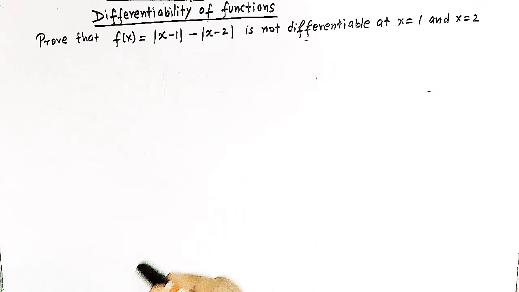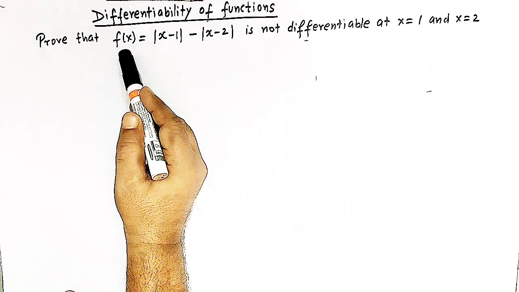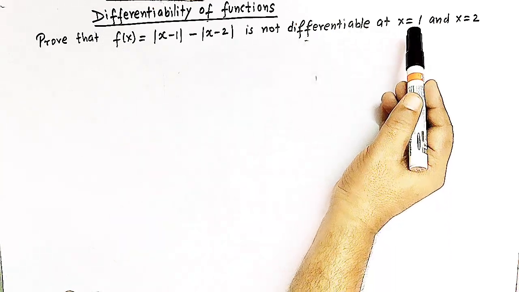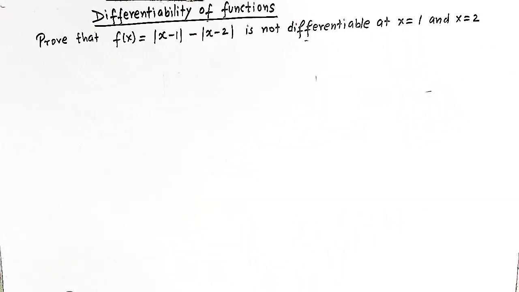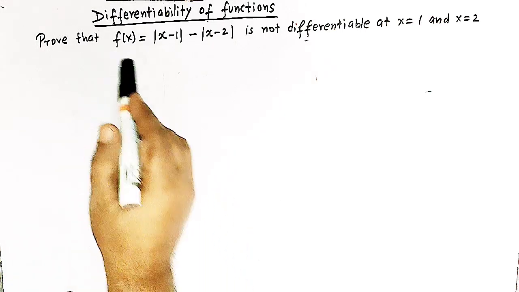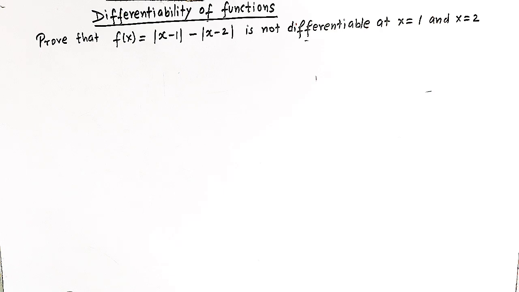So we'll find out the right hand derivative and left hand derivative for this function f of x at x is equal to 1, and then for x is equal to 2, and then we'll conclude that this function is not differentiable. Now let us start.